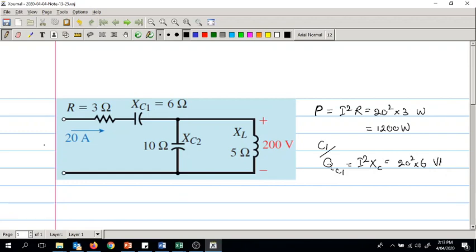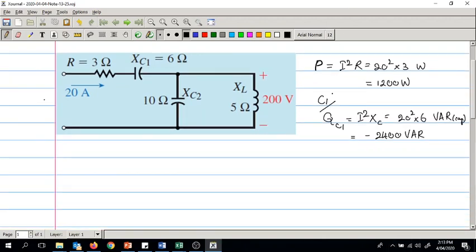This is VAR capacitive, so this is equal to minus, because capacitive, 20 squared into 6, which is 2400 VAR. I took it as minus, so I don't have to consider again, or put in brackets, whether it is capacitive or inductive.